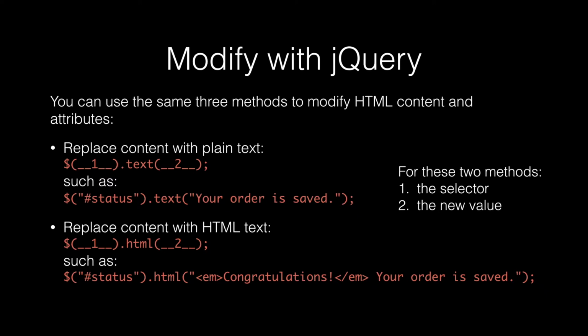But if you want to replace with actual rich HTML text, then you need to use the HTML method, as you see here. So in the example at the bottom of this page, select the thing with an ID of status and modify its HTML content to contain, in emphasis, congratulations. And then your order is saved. So you can see we've passed that whole thing in as a string.